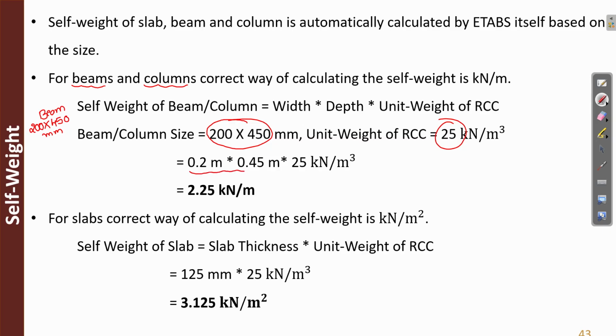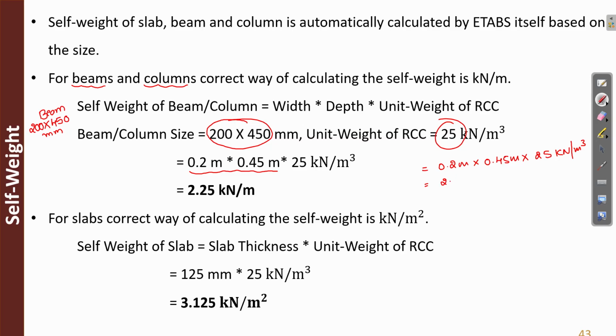So first you find the area, that is 0.2 meter multiplied by 0.45 meter multiplied by the density of RCC, 25 kilonewton per meter cube.